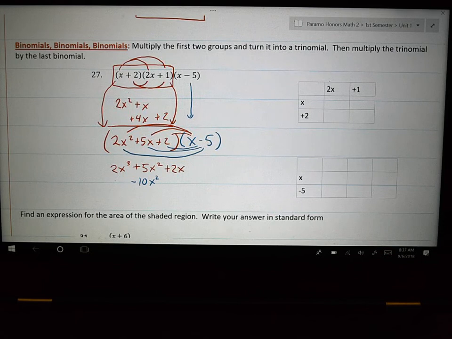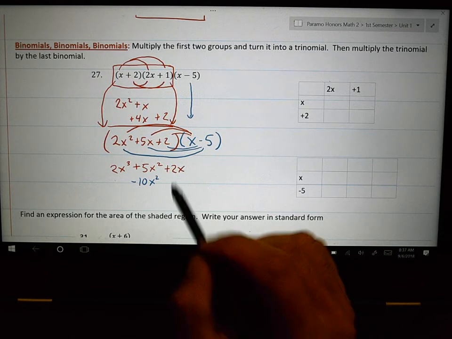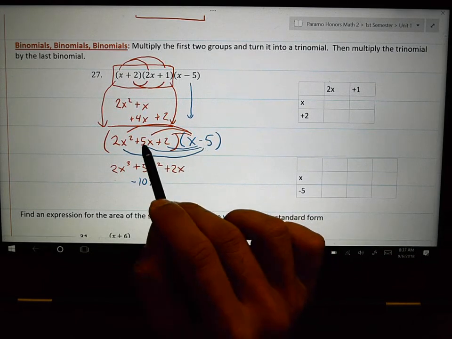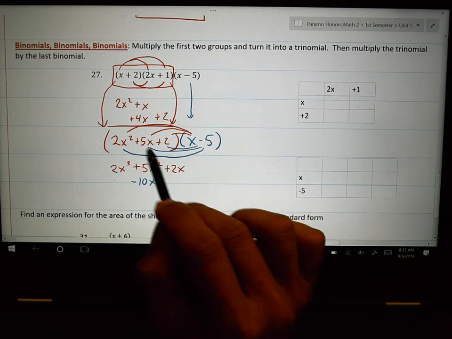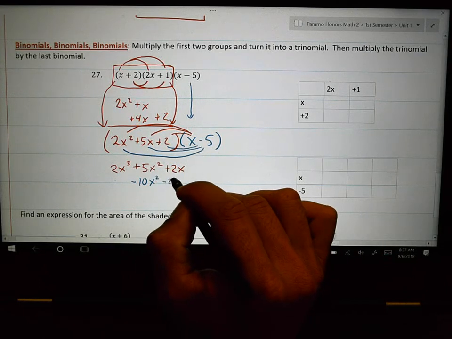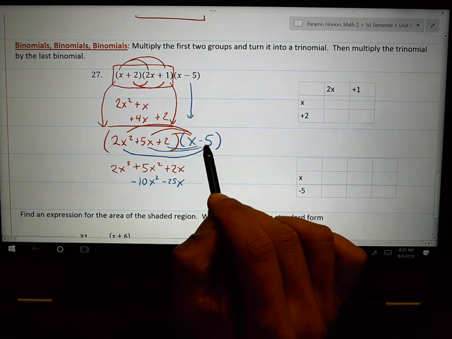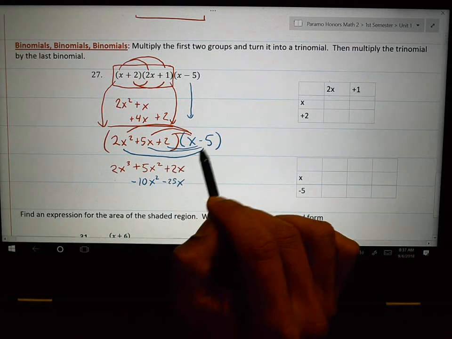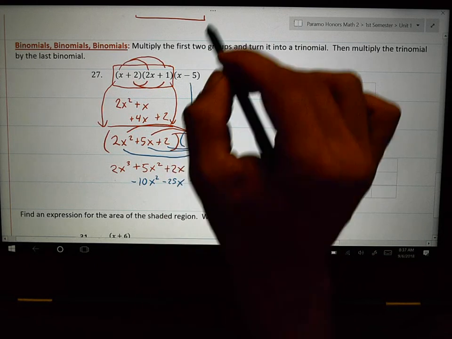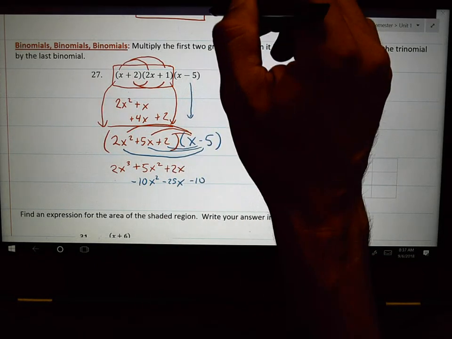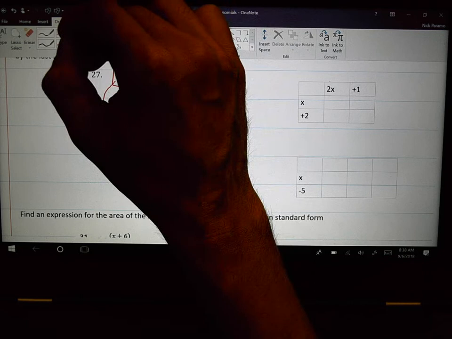Makes my life easier. The negative 5 times the positive 5x is, say it out loud. The negative 5 times the positive 2 is, say it out loud. And so our final answer is where we combine all our like terms together and it's simplified.